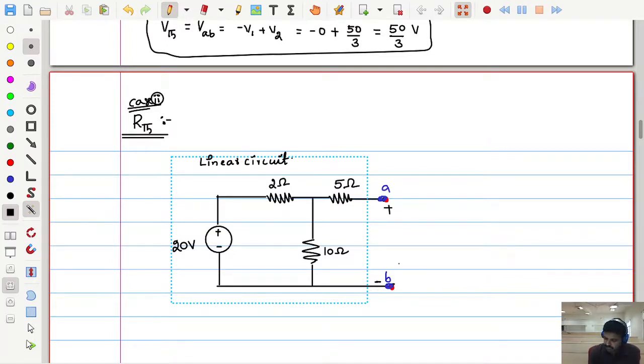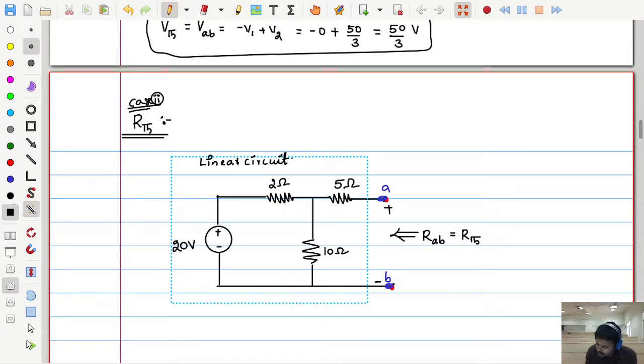After removing the load, what do we need to do? We need to find the resistance between the AB terminals. We already know how to find the resistance, but for finding this resistance you need to make some changes. Once you do those changes, that resistance we call the Thevenin's resistance.